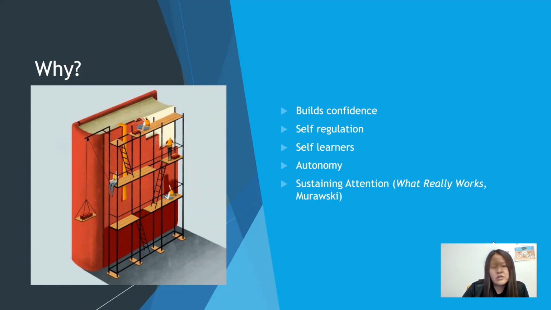As we implement those supports for students to access that learning, they gain momentum and build that confidence to access those higher pieces of learning that we get to later on.